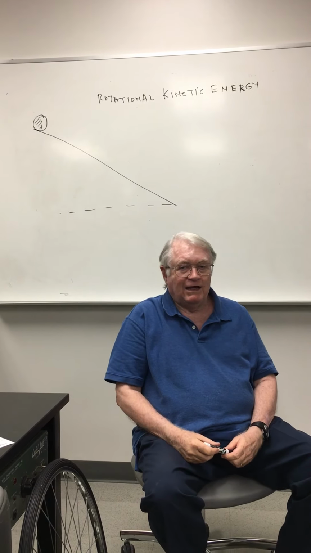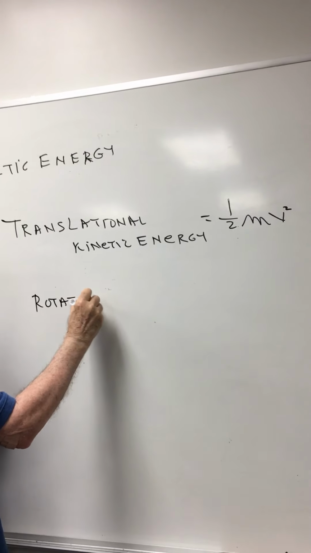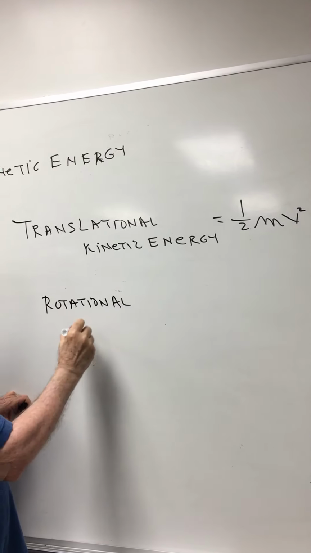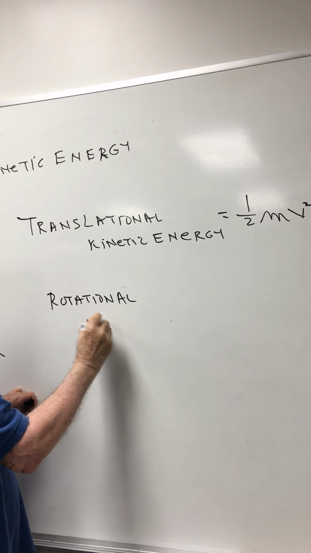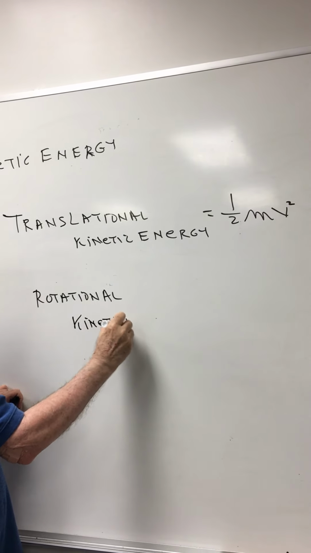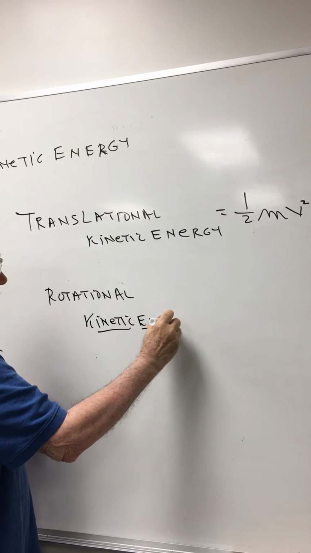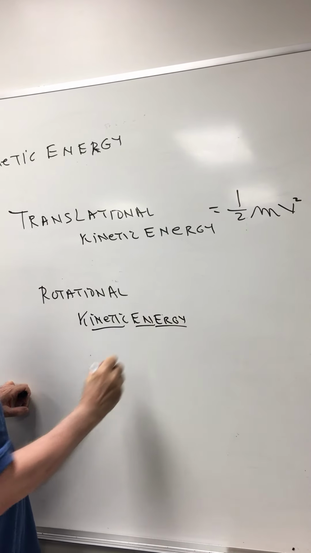Well, in the case of rotation, though, we have a new friend. And I keep saying to you, as the semester goes along, you get tired of these new friends. But this is the rotational kinetic energy. And the proper way to derive this is probably using calculus, but I'm not going to do that.